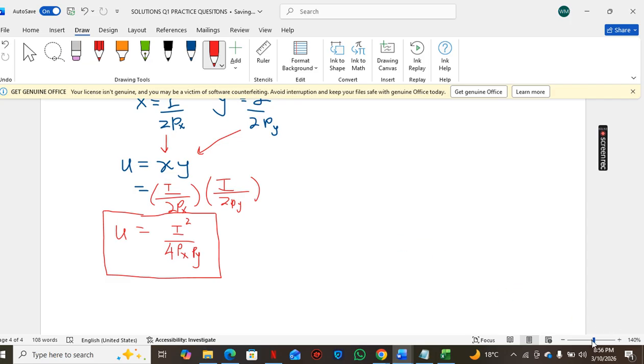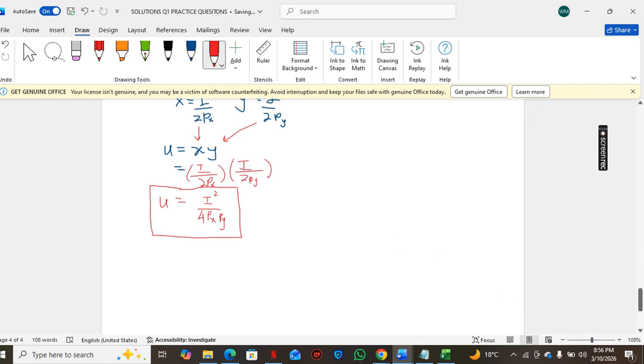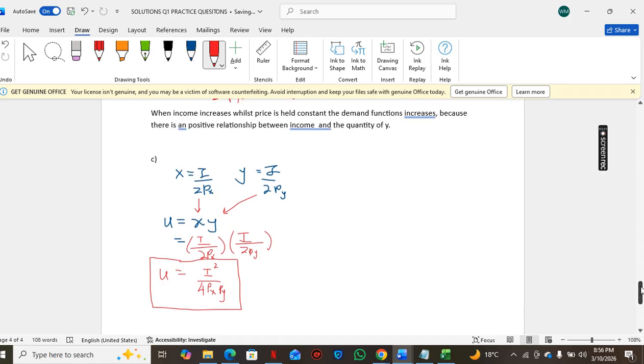Okay. Yes. So is it wrong to simplify it further, like if you introduce the square root and then you get income over 2 the root of pxpy? No. Unless you are starting, like for example, if you want to make I the subject of the formula, that's when you see roots coming in.